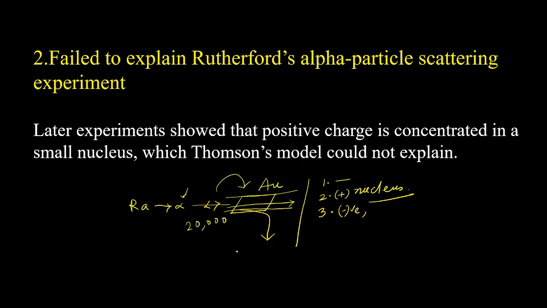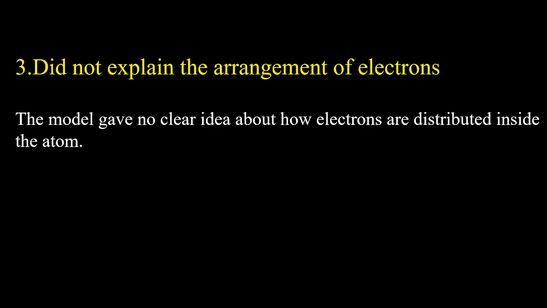So these scattering experiment inferences could not be explained by J.J. Thomson's atomic model. So this is a drawback of J.J. Thomson's atomic model. J.J. Thomson's atomic model tells us that electrons are fixed in some positions inside the positively charged sphere, but it did not explain the arrangement of electrons.